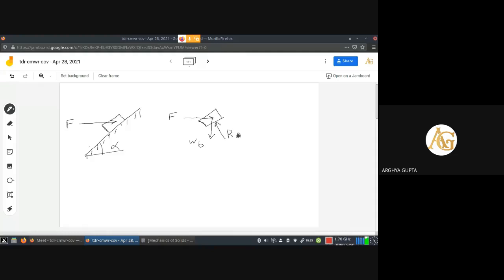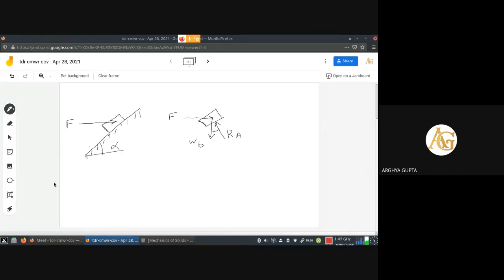Let us say it is RA. So by calculating the angles, we can easily find the inclination of RA if that angle is given. We'll discuss them in detail, so we will solve the numericals. For the time being, I am just showing the directions of the forces or the reactive forces.